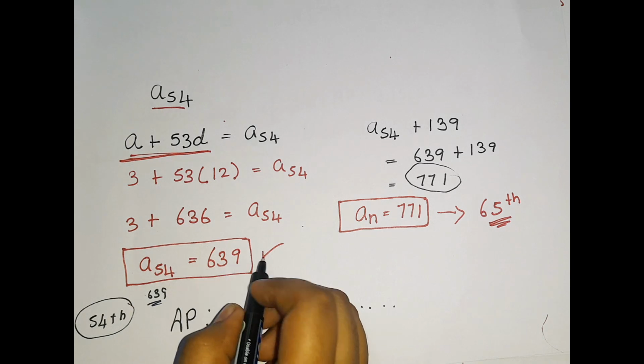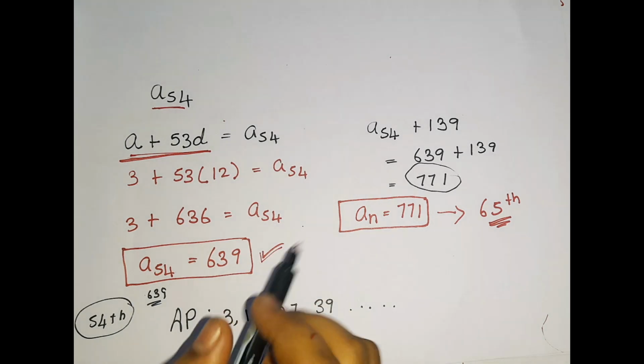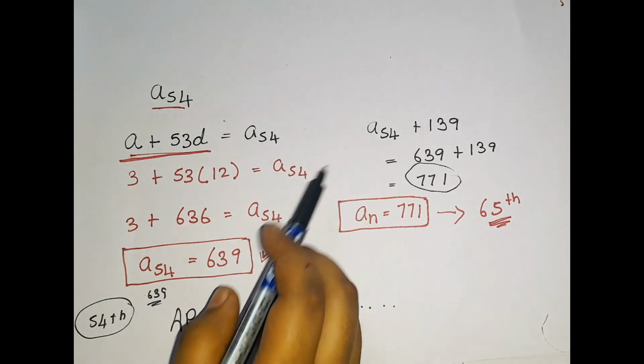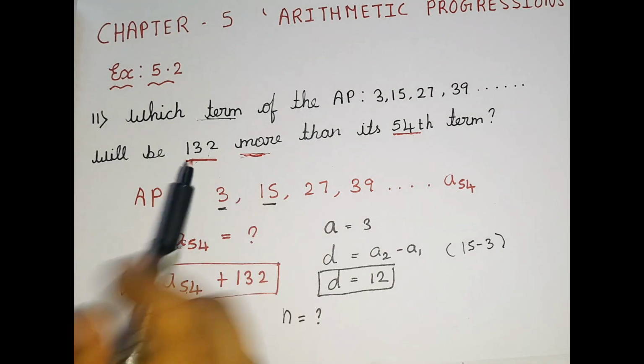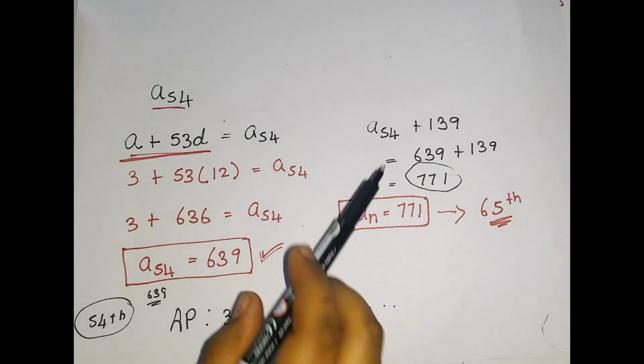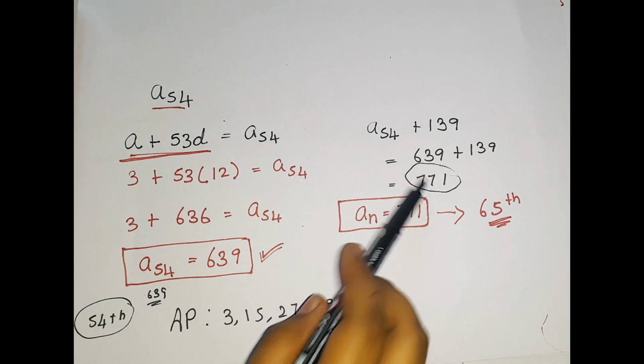Substituting the values, we get the 54th term, that is 639. Then a54 plus 132, why? Because they mentioned more than. Substituting 639, we get 771.